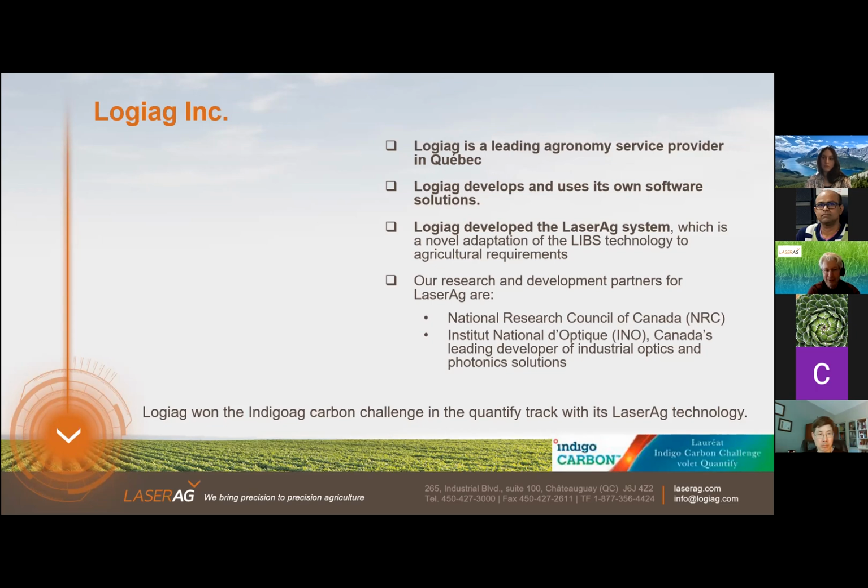And like I mentioned a minute ago, we were in the Indigo Ag Carbon Challenge in the quantified track, and we won the challenge. Basically, we showed that laser ag was very efficient and very accurate to evaluate or predict stock of soil organic carbon within the challenge that Indigo had put.